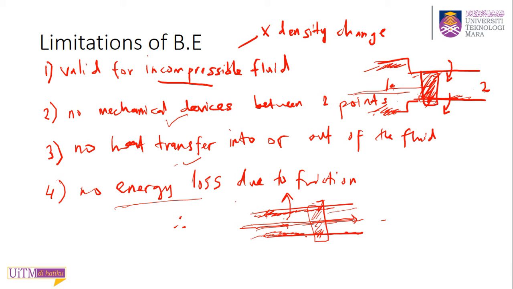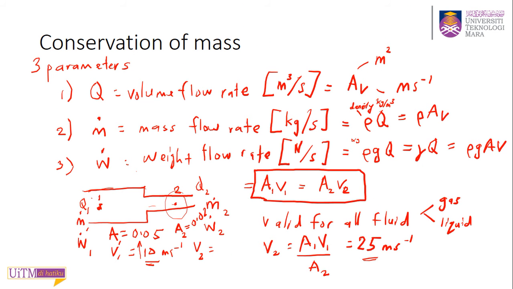So in reality, people will calculate what the energy loss is, and they will add this term, the energy loss due to friction, and the energy transfer. They will take this into consideration. But in study, when we study Bernoulli, we assume this so that we can use all this, the mass balance, energy balance, and apply it.